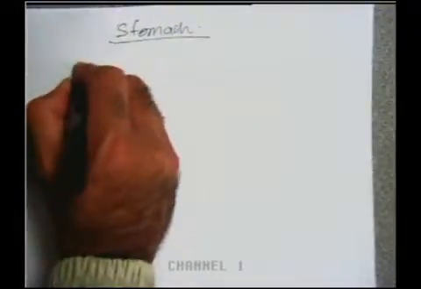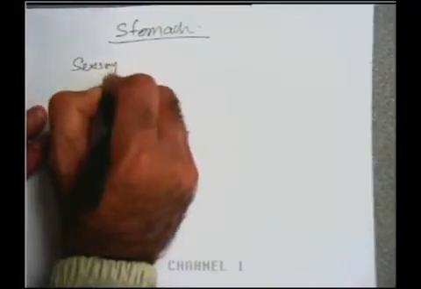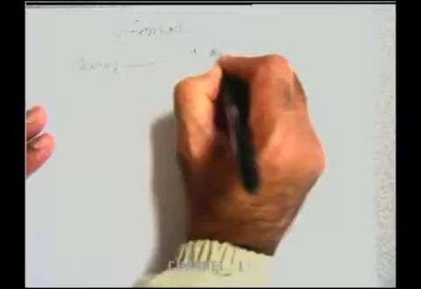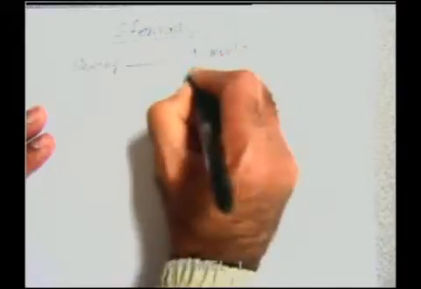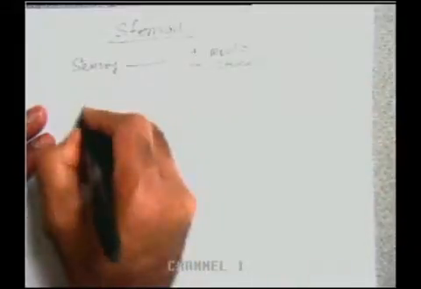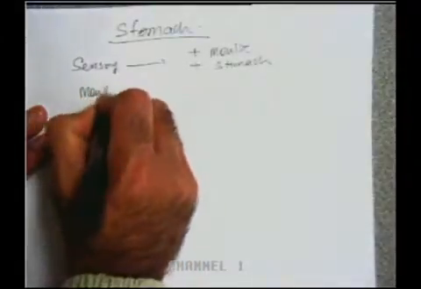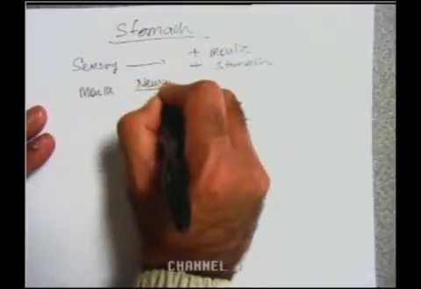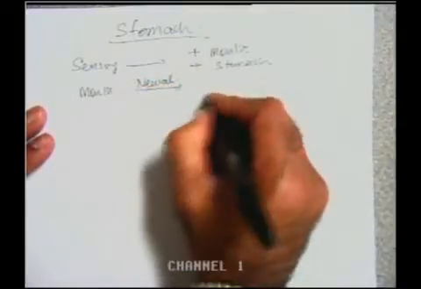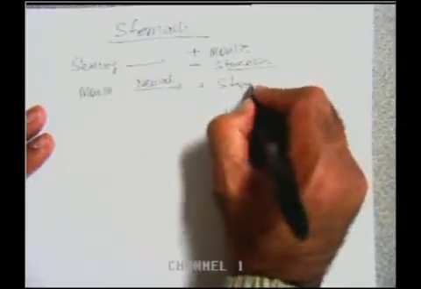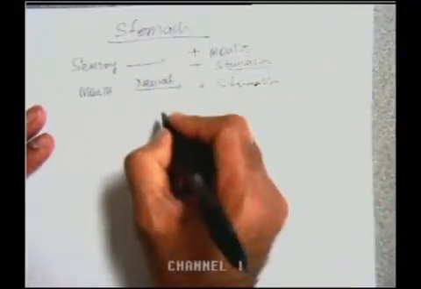Okay. Number one, sensory input will activate, plus for activation, plus the mouth is an activator, and it also activates the stomach. Okay, again the neuronal aspect, neural input also activates in the stomach. Stomach activation means what? It secretes more hydrochloric acid. You follow that? And gastric juices.